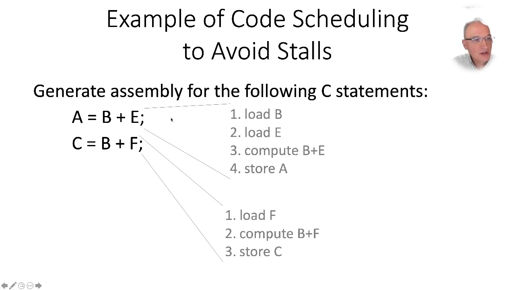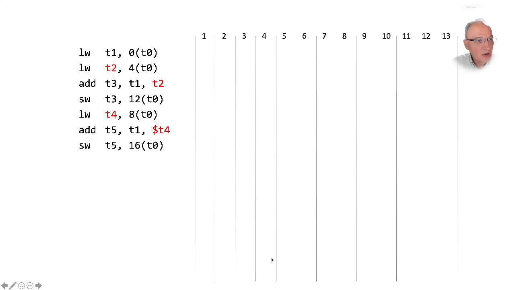For the second statement, I already have the value of B that I loaded previously from memory, so I just need to load the value of F, compute the value of B plus F, and then store the value of C. So this gets translated into two loads, an add, a store, a load, an add, and a store.